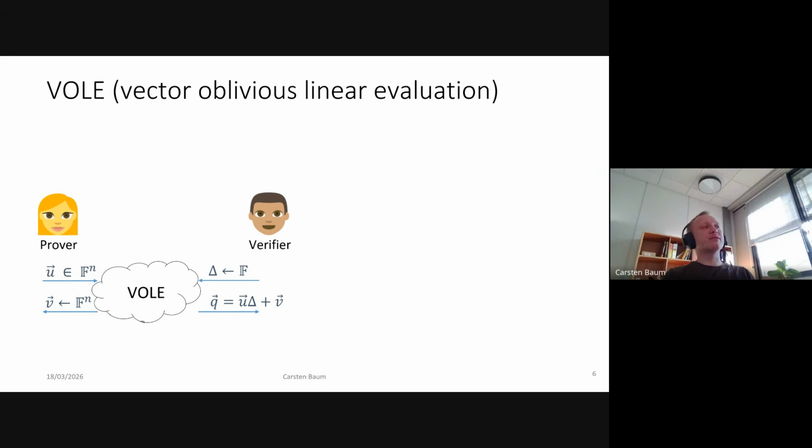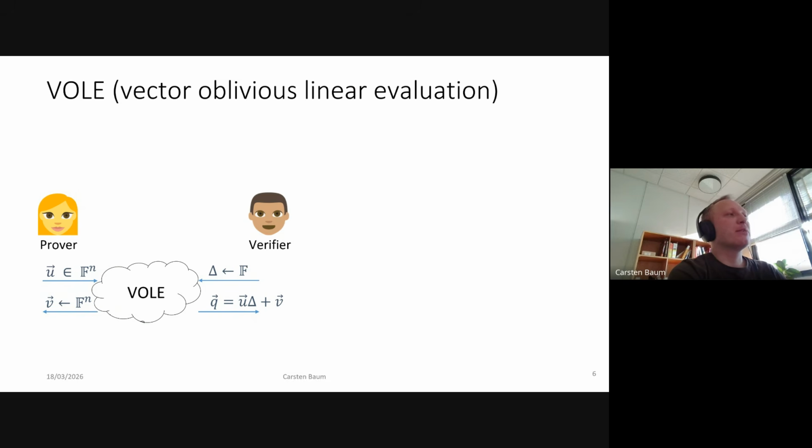The prover in this example has a vector u and a vector v. They can both usually just be random. The interesting part is that the verifier also gets some information, which is delta, some random field element, and then a vector q.